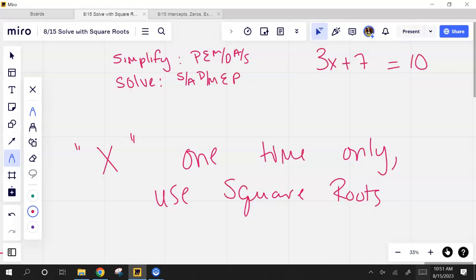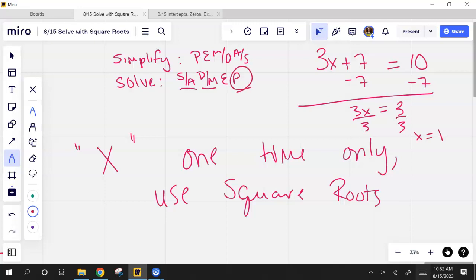Is there any addition or subtraction being done to the variable? Yes, so I would do that first. Is there any multiplication or division being done to the variable? Yes, so I'd take care of that next. Notice parentheses are last as I solve because I'm working my way back into the variable, right?